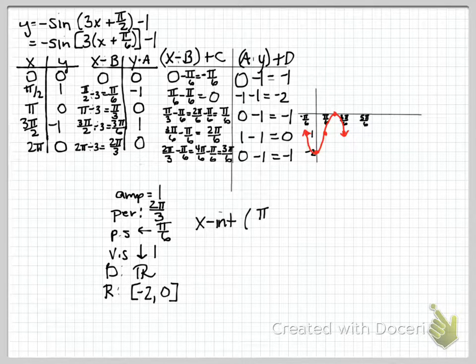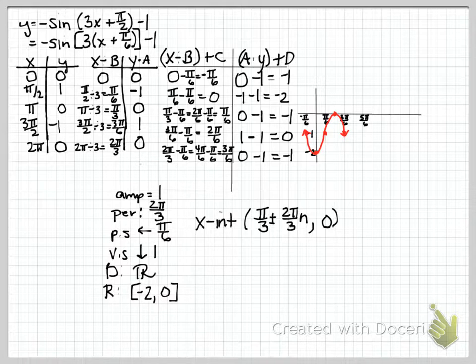It's going to be at pi over 3 plus or minus our period, which is also 2 pi over 3, n, comma 0. We'll get into more about what this is next unit, I believe. But that's what it would look like, because it is happening every time we hit back at pi over 3 in our period. The n just means the number of rotations we're going around. It's going to hit every single one of them.